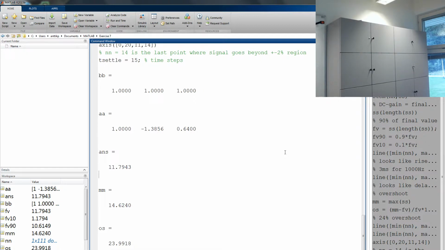If you have a pole at this point, as you may have in control systems, then you actually need to take the limit, meaning approaching the point from one of the sides. This is simply h with value 1.